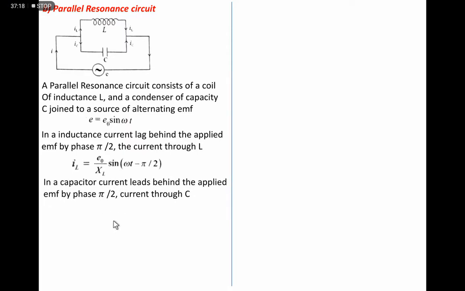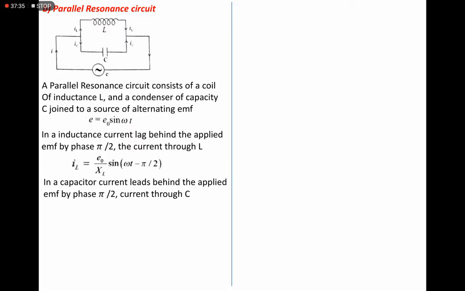Now in the same way we will write the equation for the current across the capacitance, and we know that the applied EMF and the current, the current is leading by pi by 2 across the capacitor.